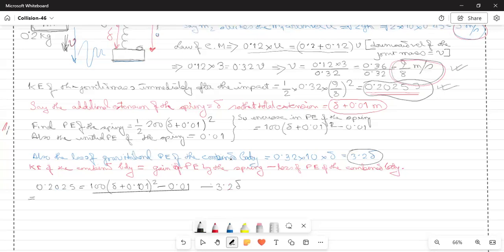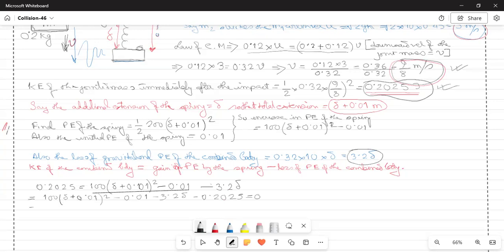this square part we take to the left-hand side: 100 into (delta plus 0.01) square minus 0.01 square minus 3.2 delta minus 0.2025 is equal to 0.